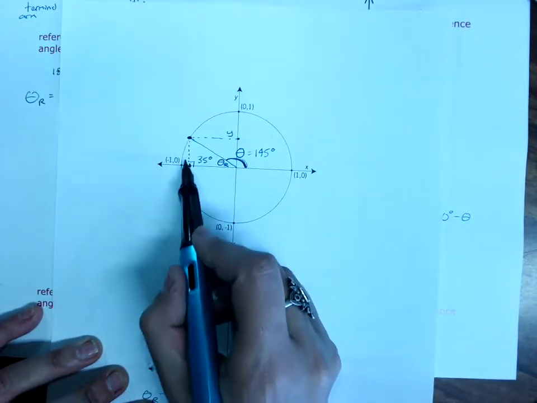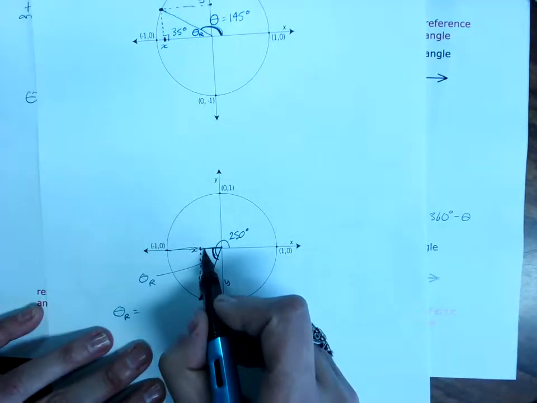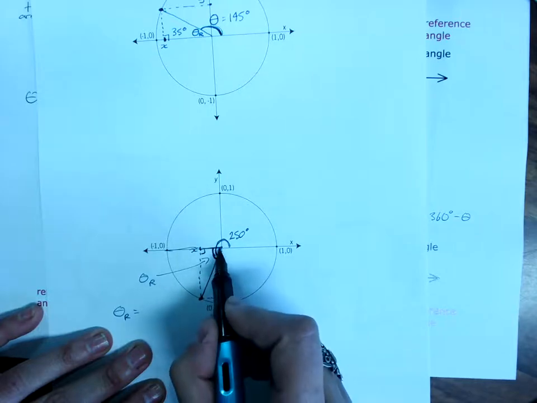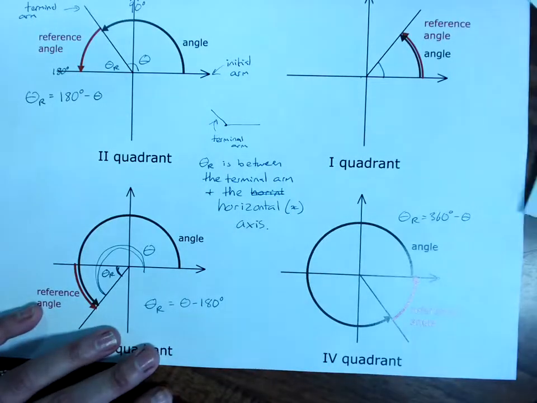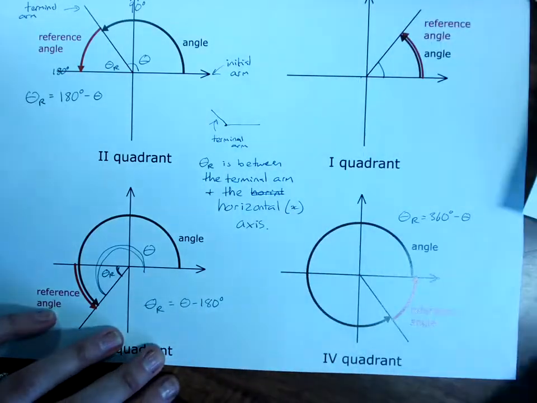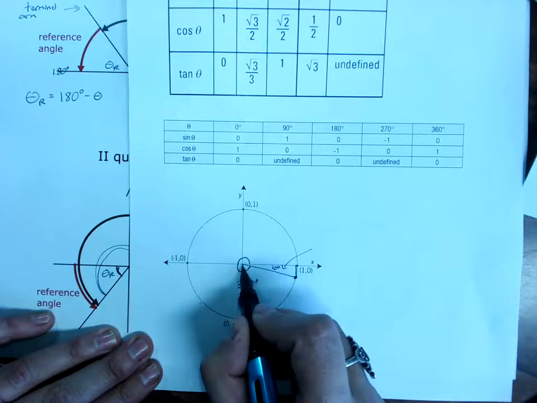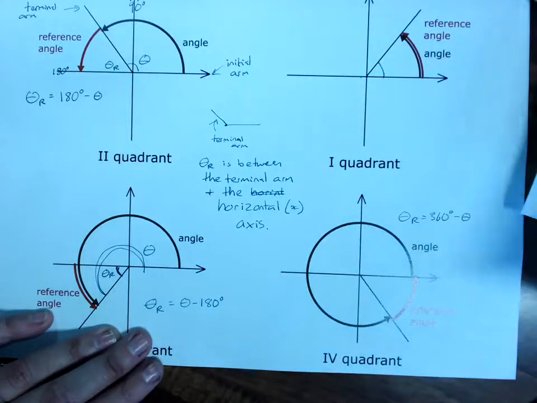Second quadrant, here's my right angled triangle. Third quadrant, here's my right angled triangle. The angle's all the way around there, but there's a right angled triangle that will get the same answer. Fourth quadrant, the angle's all the way around there, but here's this right angled triangle that gets the same answer.